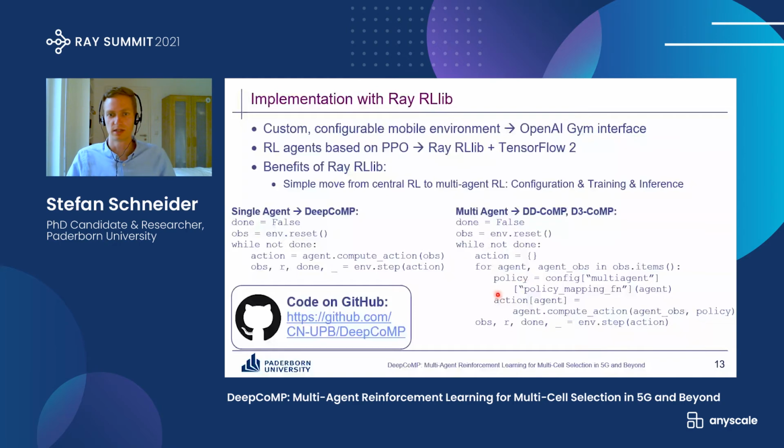And that's nice because now I don't have to distinguish between the DDCoMP and the D3CoMP approach at this point, because that's already defined in the policy mapping function. So I get the policy, whether it's a shared policy or a different policy for each agent. I then get the action for each agent based on the agent's observation and the selected policy. And once I have collected all the actions, I can pass them to the environment and make the next step here.